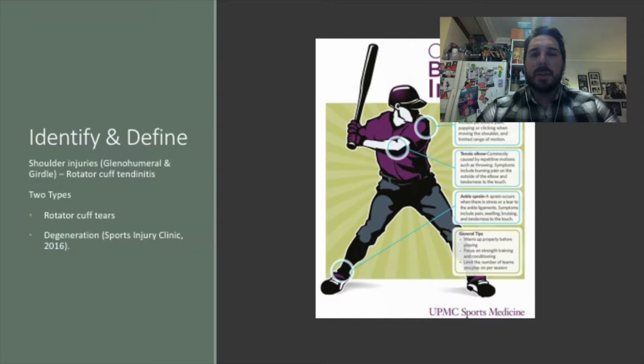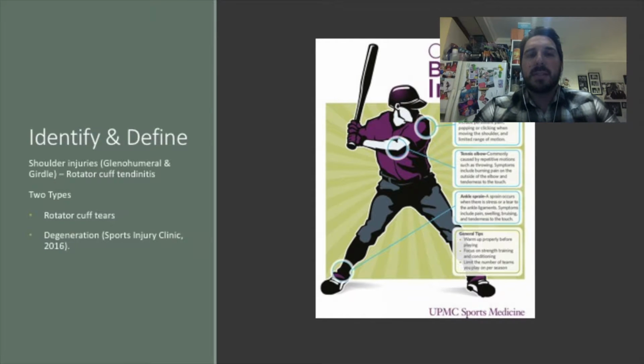Okay, so let's talk about the first shoulder injury, which is tendonitis in the rotator cuff. There are 2 types. There's the impingement, which we talked about, and then there's also a tearing, and this is also caused by degeneration.